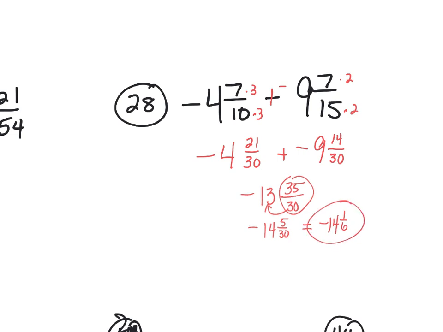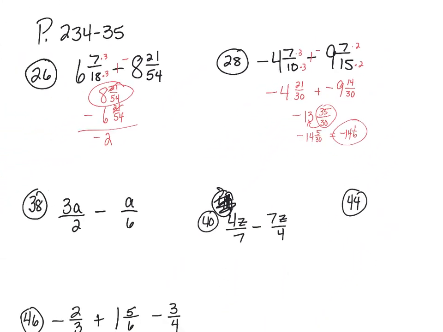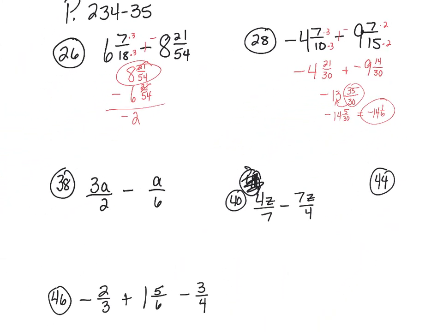Okay, the next one I want to look at is 38. This was one of the ones that was commonly missed. Common denominator between 2 and 6 is 6, so I'm going to multiply this by 3 and this by 3. And we get 9a over 6 minus 1a over 6.